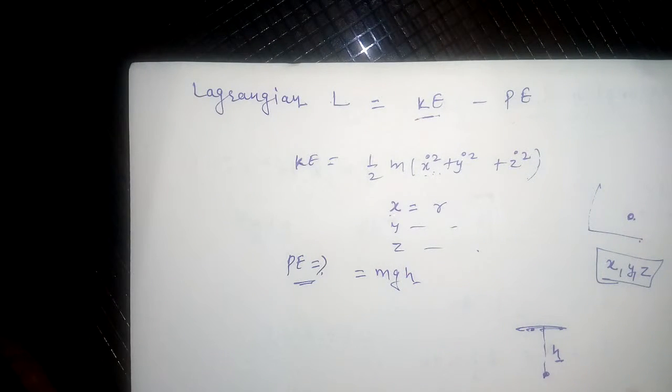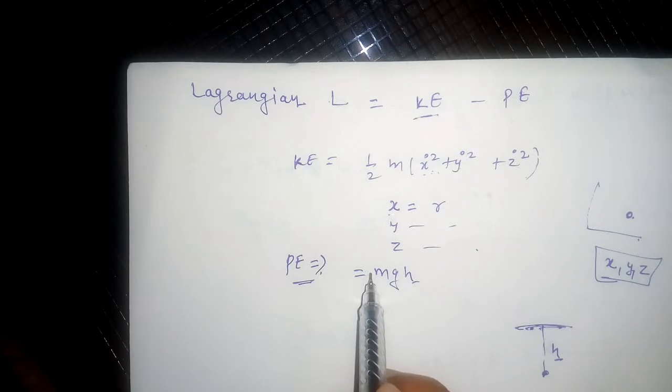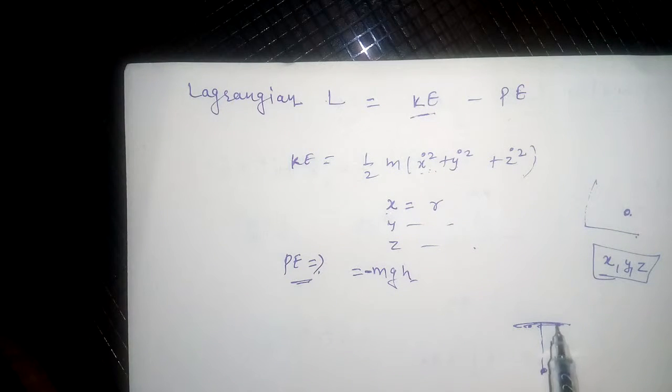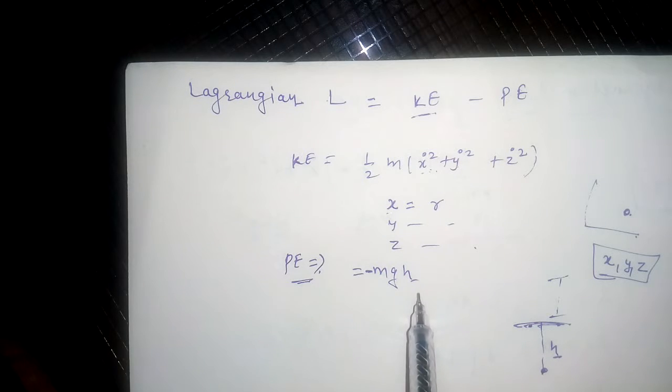And here a plus or minus sign also matters: if the object lies below the reference point, take a negative sign; if it lies above the reference point, take a positive sign.